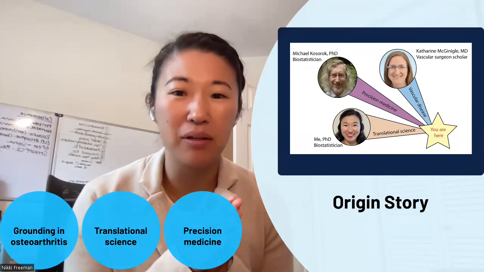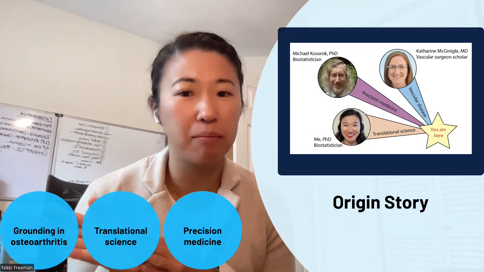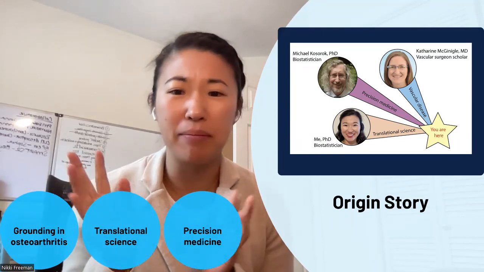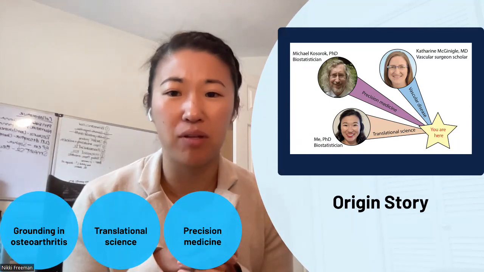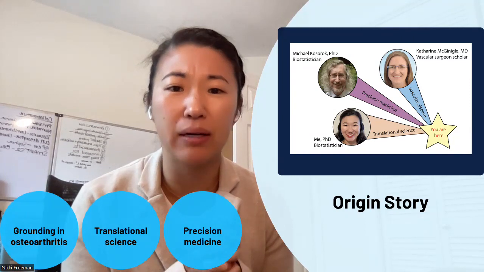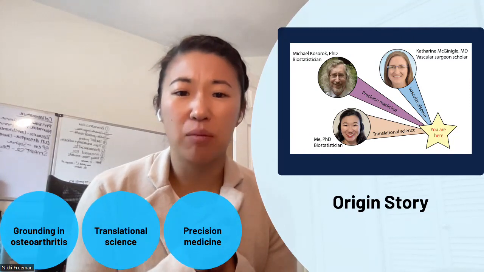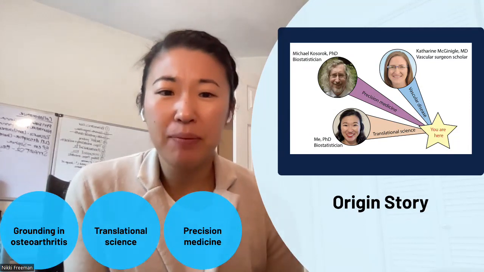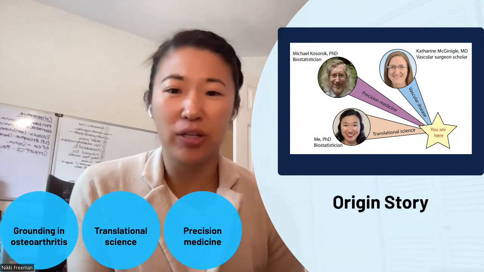But I work with Kate McGinnigal and then Michael Kosterok, who I think many of you might know. I know he's a part of the group at UNC, just former chair of the Department of Biostatistics at UNC, and really one of the pioneering leaders in precision medicine. And then there's me.